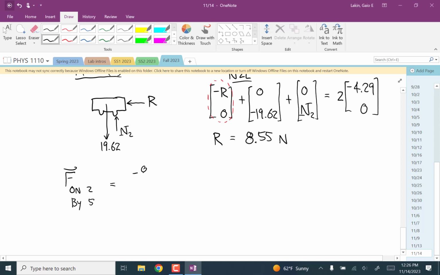So we got <-8.55, 0>, or in other words, it's in the negative x direction with a magnitude of 8.55.